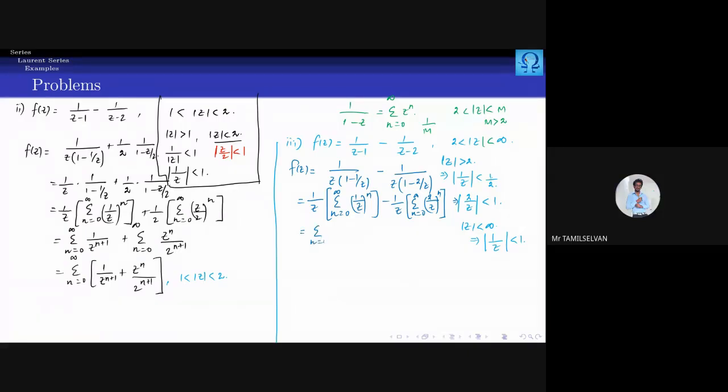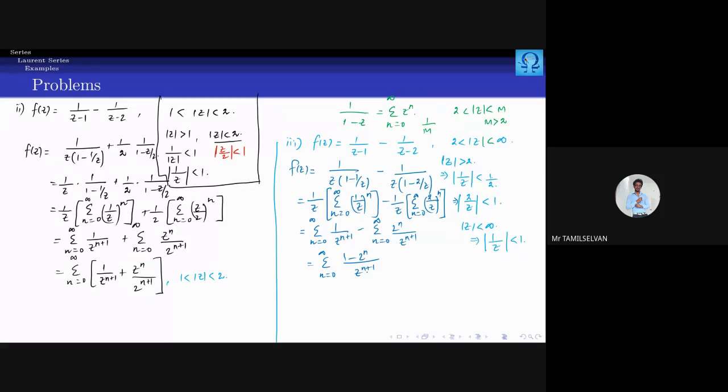So from this, when you take your z inside, you would get 1 upon z to the power n plus 1 minus summation n runs from 0 to infinity 2 to the power n upon z to the power n plus 1. So when you combine these things, 1 minus 2 to the power n upon z to the power n plus 1.